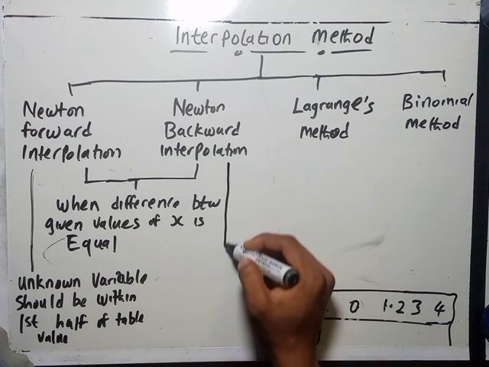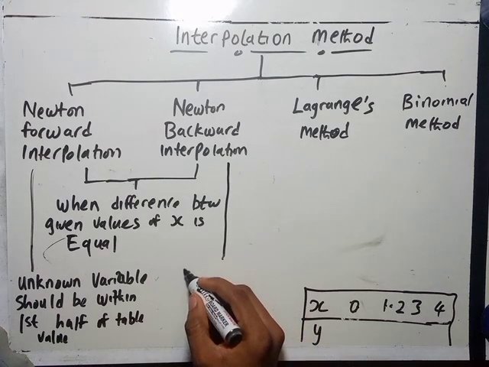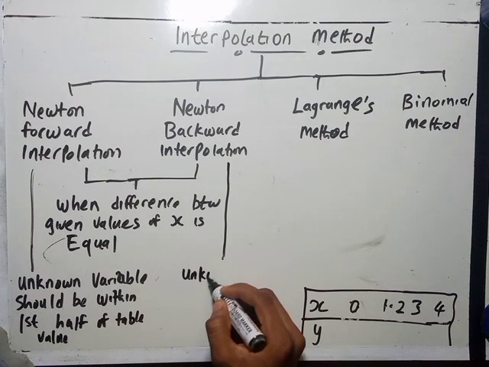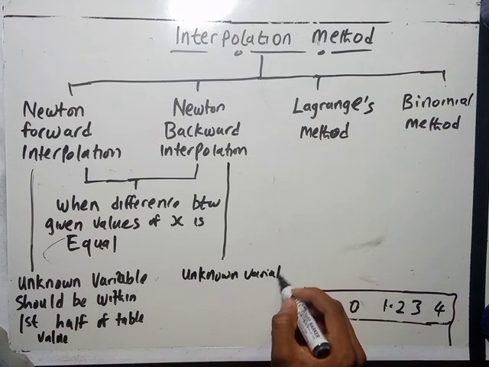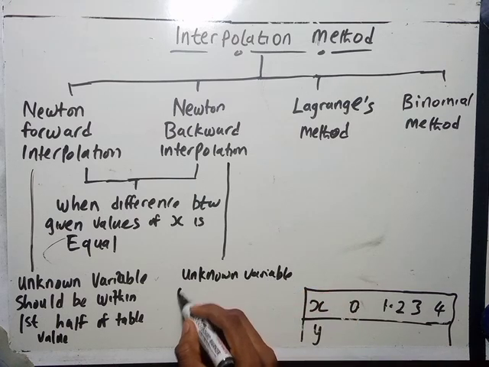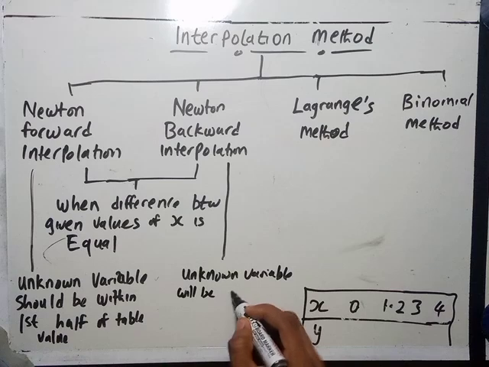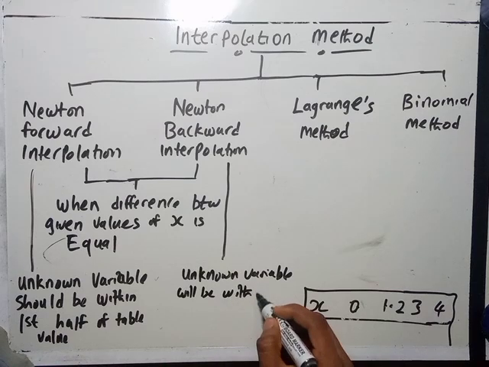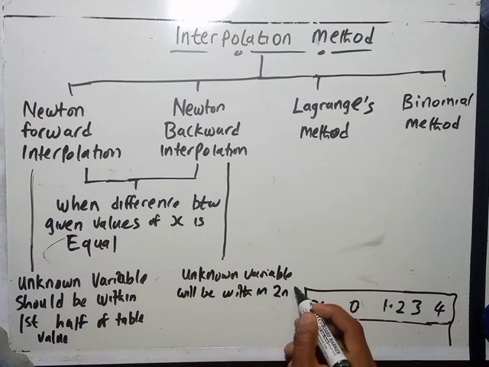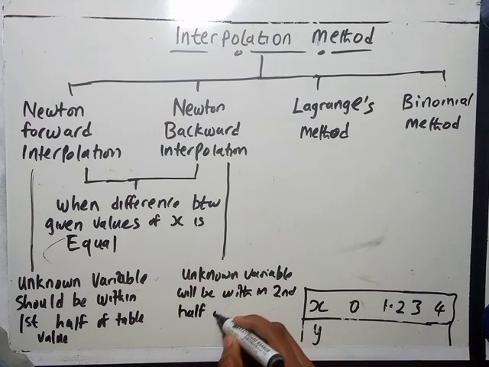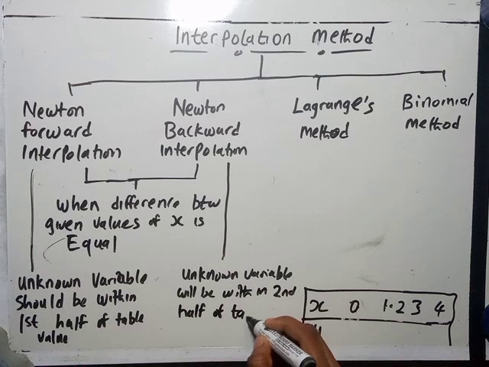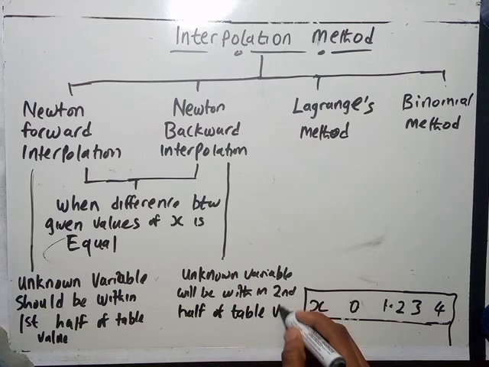Why is this the opposite? The unknown variable will be within the second half, or the other part of the table values.